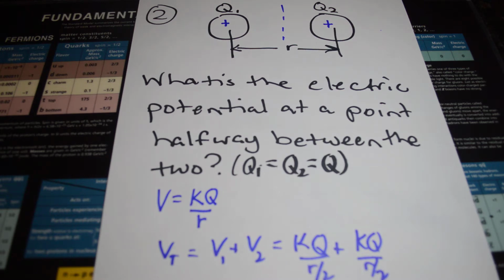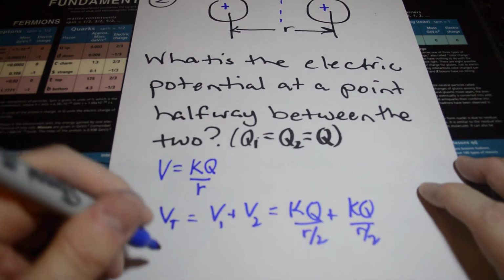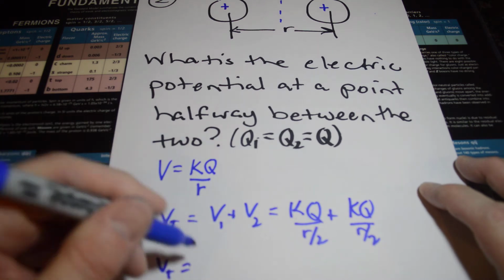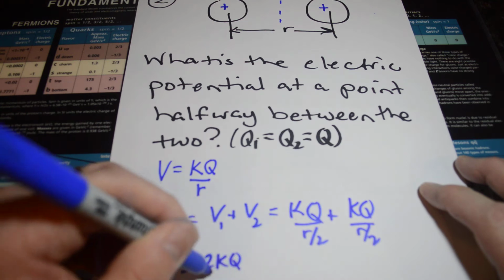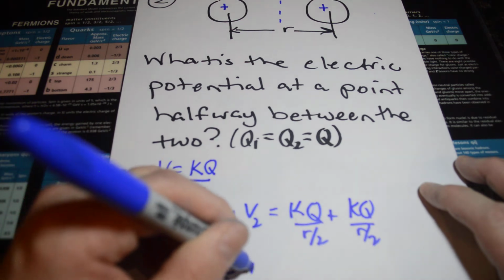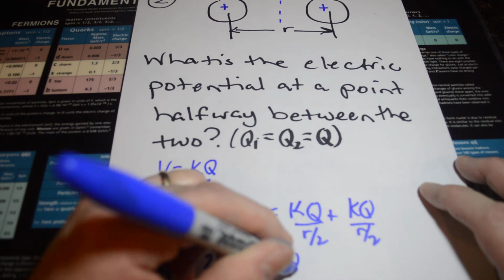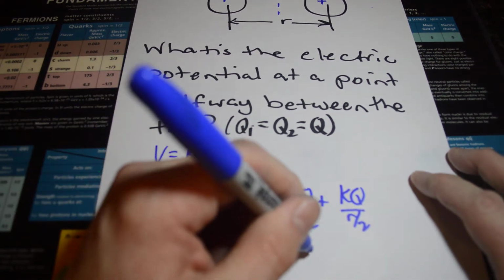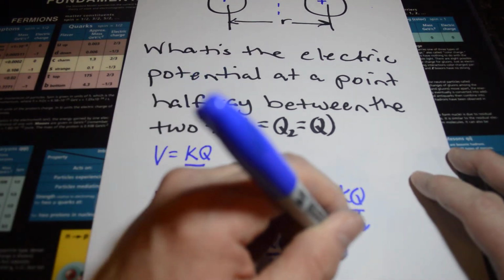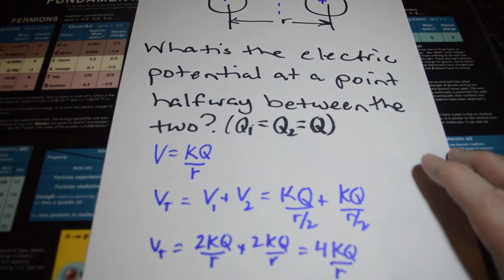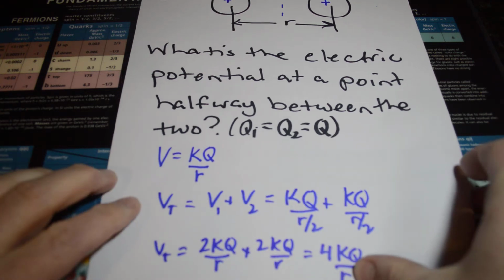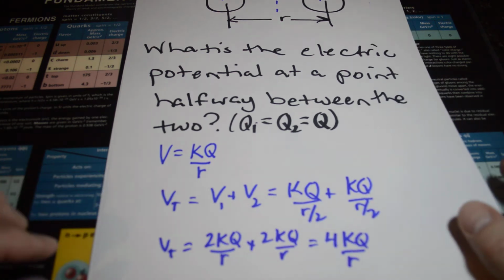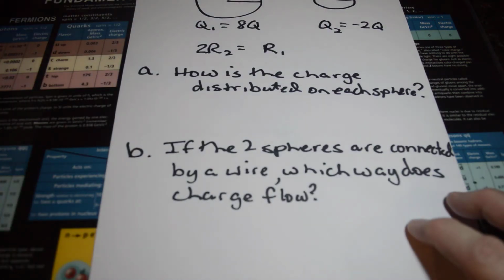And so the 2's will pop to the numerator, and the total would be 2KQ over R plus 2KQ over R. Seems to me that's going to give you 4KQ over R as the answer to that problem. Hope you see the difference between the scalar electric potential and the vector electric field.